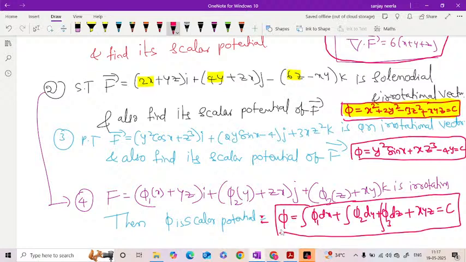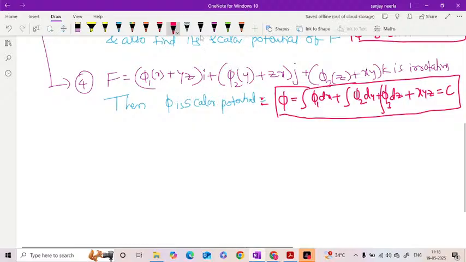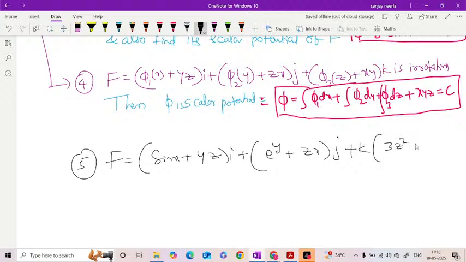Okay, Nandi. Okay, sir. Now I am giving a question. Give me the result very quickly. So f is equal to sin x yz I plus e power y zx j plus k into 3z square plus xy k.